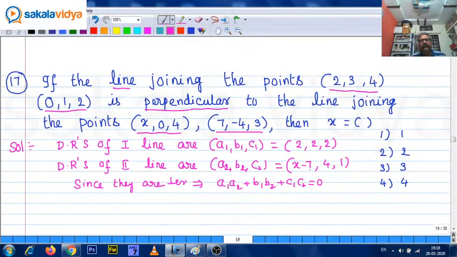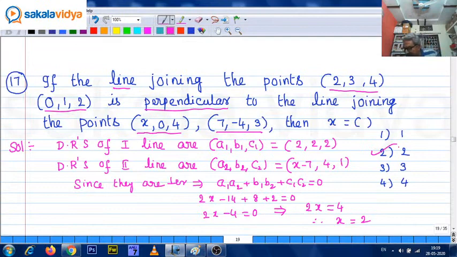These are the components of the vectors. 2 times x minus 7 gives 2x minus 14, plus 2 times 4 is 8, plus 2 times 1 is 2, equals 0. Now here we have 2x minus 4 equals 0. So 2x equals 4. Therefore x equals 2. That means the second option is the right option.